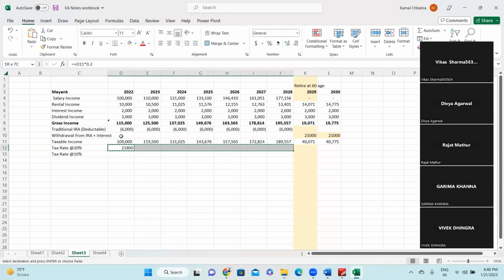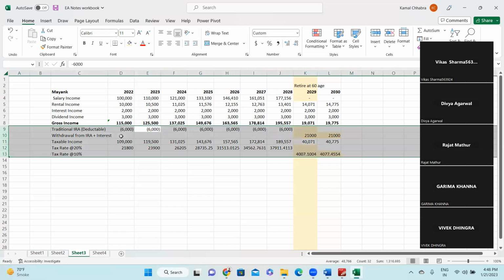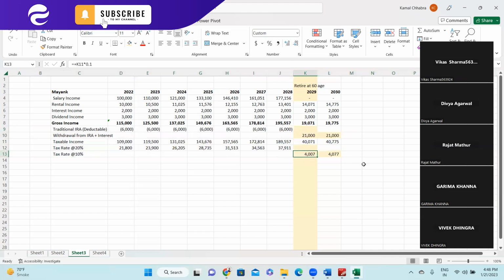This is your taxable income, but now your total income is less, so you are in lower brackets, and your tax is this. So now if you see, you have paid only $4,007 as taxes in the year of retirement, and in the following year 4,077, compared to how much bigger tax you are paying here.